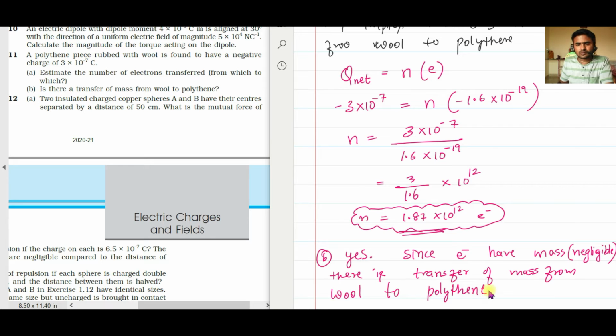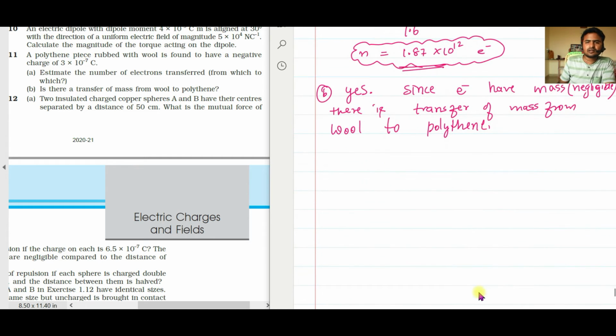Okay, so how much will be the mass? You can even calculate that. The mass that will get transferred is the number of electrons times the mass of each electron. When you multiply the number of electrons transferred with the mass of each electron, you will get the total mass that got transferred from the wool to the polythene. Okay, that you can do.